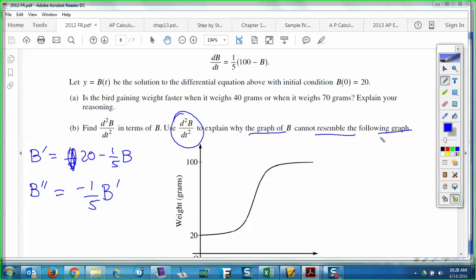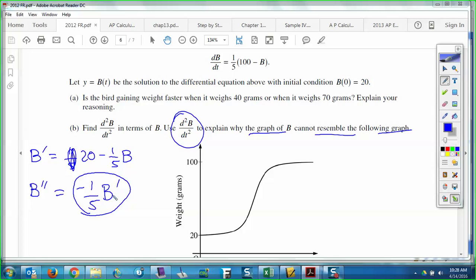Now, what is second derivative? Think of the chart. What does second derivative typically tell us? Concavity. Well, look at this one. This is kind of concave up, looks like, and then switches to concave down. Okay? Well, let's look at this right here. Here's our b double prime. Now, what do we know about b prime?